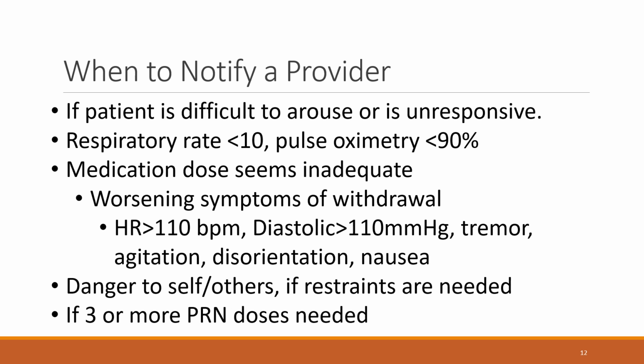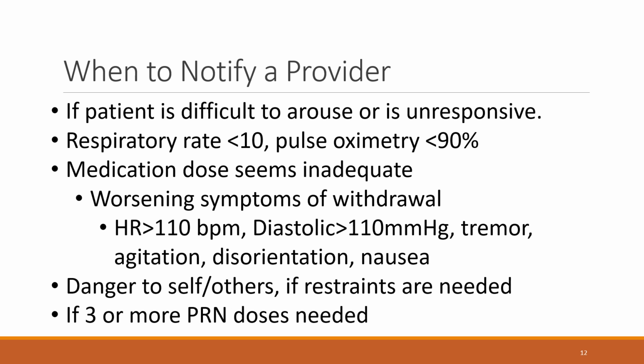For all patients with AWS, the RN is responsible for notifying the provider if the patient is difficult to arouse, reactive only to noxious stimuli, unable to follow commands, has a respiratory rate less than 10, a pulse ox less than 90%, or if medication dose seems inadequate.